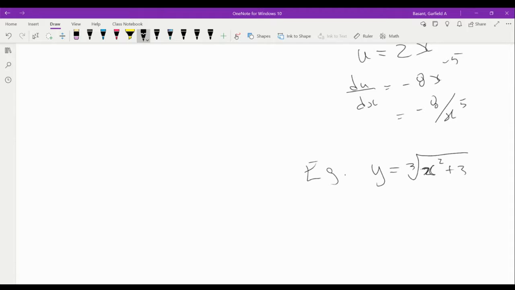What are we going to do with this? Do we use the chain rule? We are going to use the chain rule, but what do we have to do first? Rewrite. We're going to rewrite it. And you agree? So the rewrite on this would be x squared plus 3 to the 1/3 power. Do we agree with that, Jane? Yes.